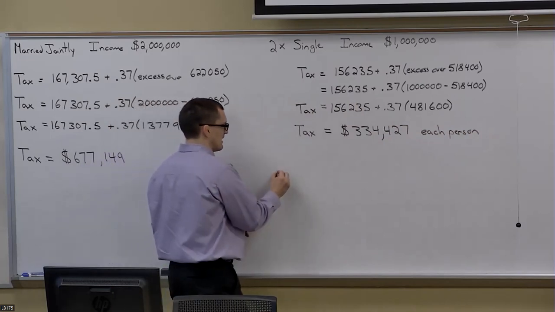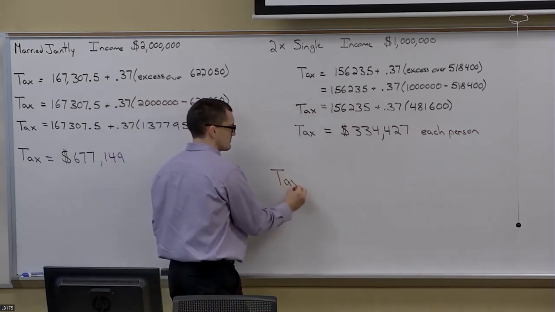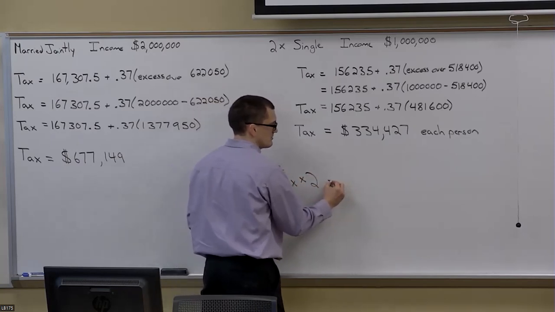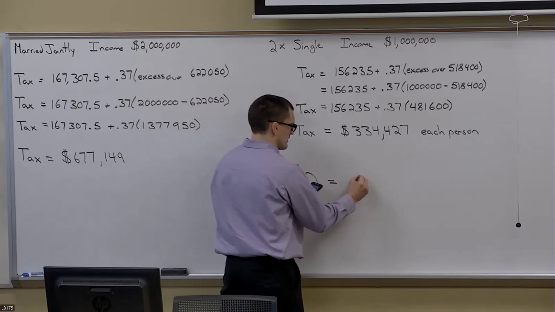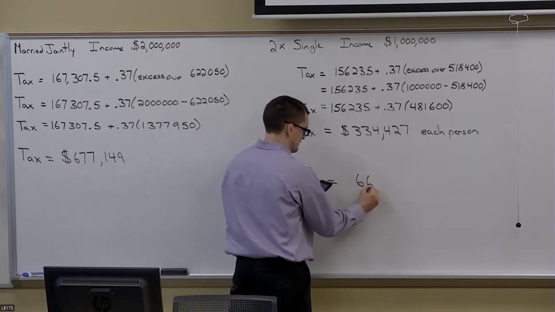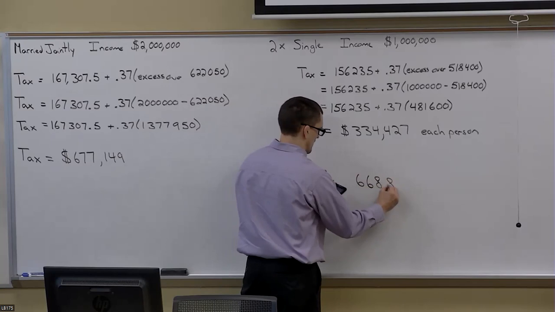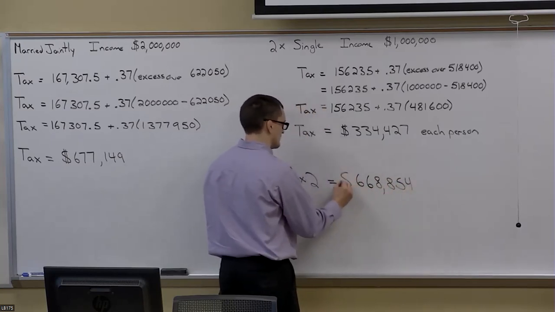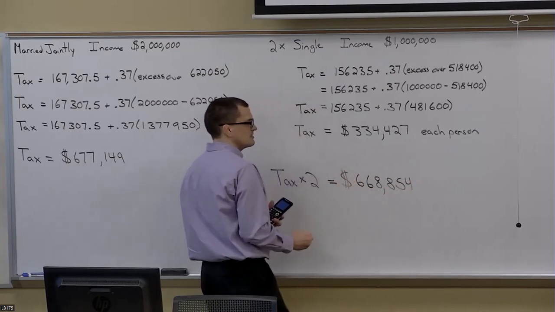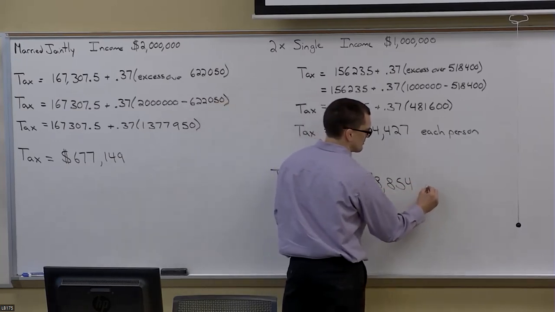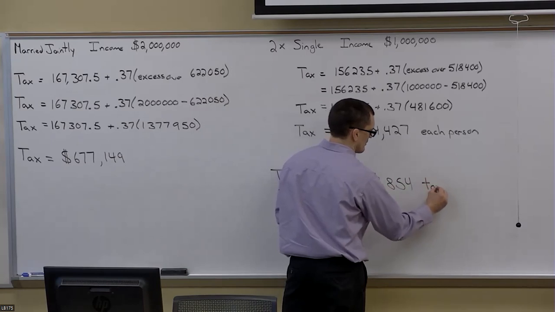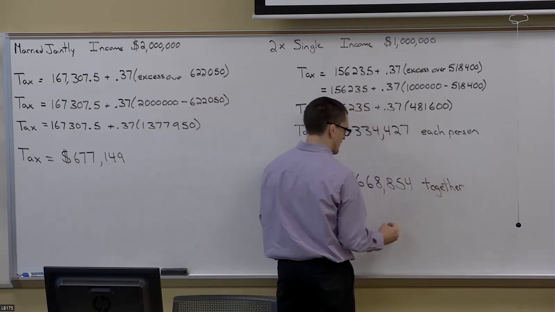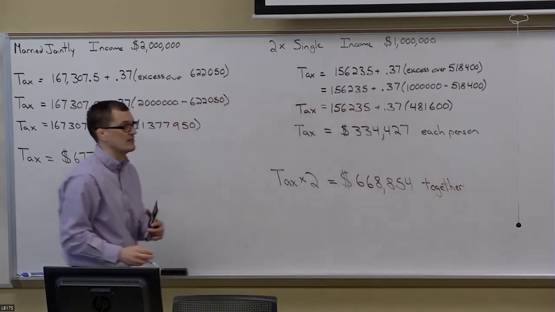If I multiply the tax by the 2 individuals, you get $668,854. That's how much the 2 people together would pay in taxes.